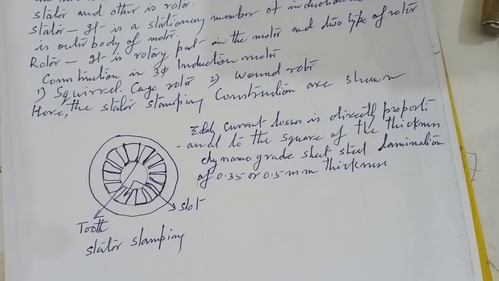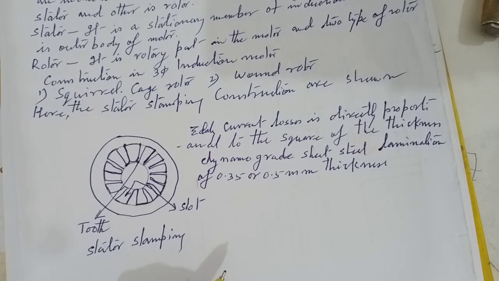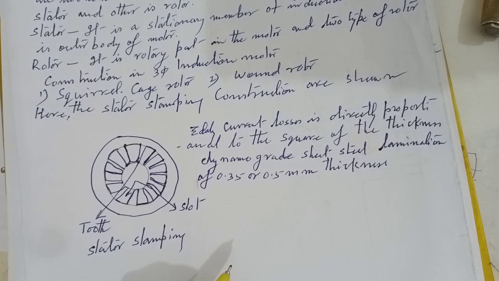Second, rotor. Rotor is also built up of dynamo grade sheet steel lamination. The frequency of rotor flux is very low. As a result, thicker lamination can be used without excessive iron loss.